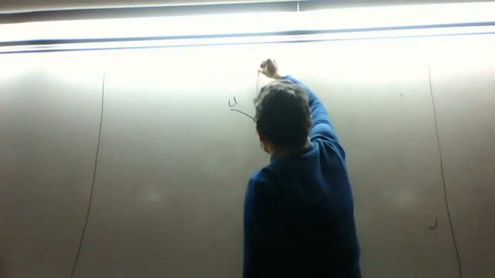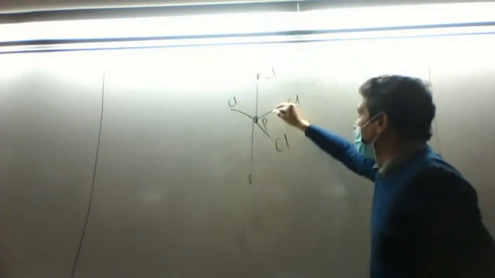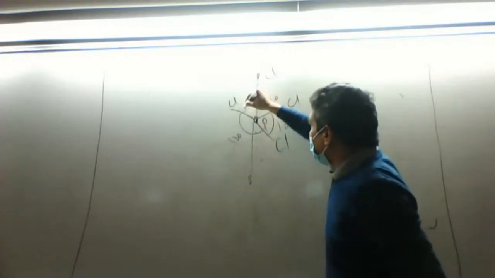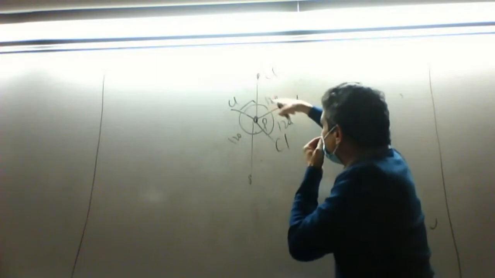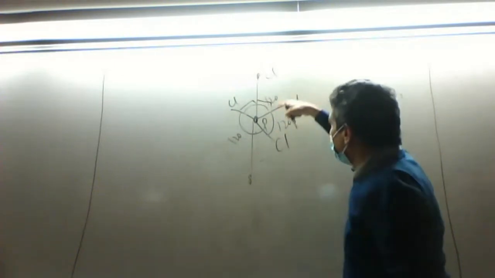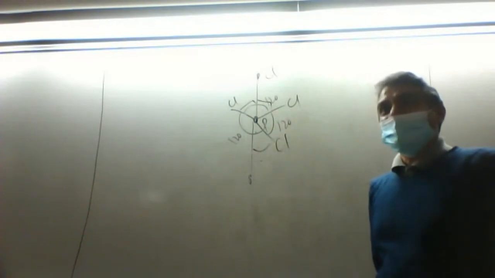This one is going up from my hand, and this is going down. This one is 120, this one is 120, this one is 120, and the angle between this Cl and this Cl is 90. The angle between this Cl and this Cl is 90. The angle between this Cl and this Cl is 90. So that's what I have been telling, right?